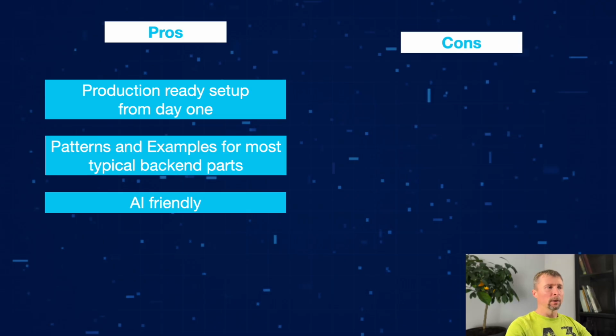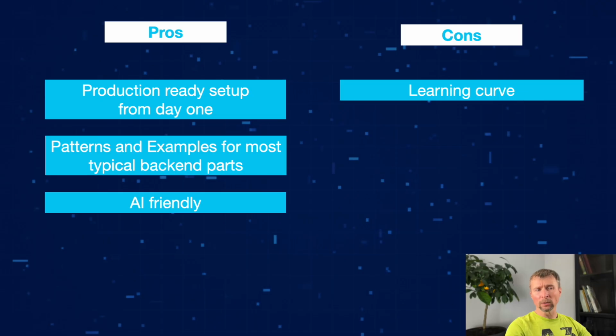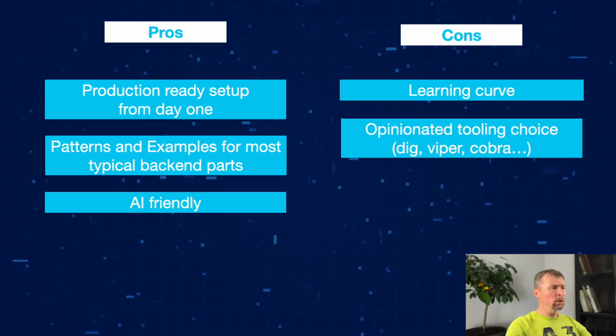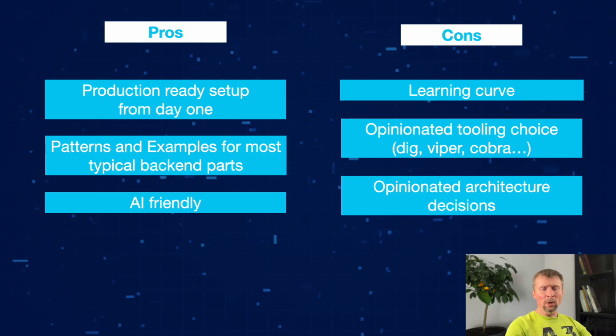Cons are: there is a learning curve to understand patterns and conventions. You are adopting opinionated tooling choices that I made, like Dig, Viper, Cobra, and some other ones. And there are opinionated architecture decisions that lead towards balanced pragmatism over academic purity.